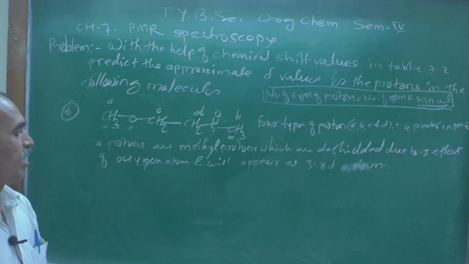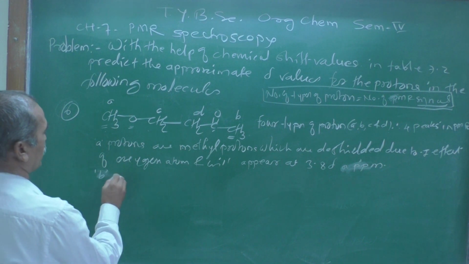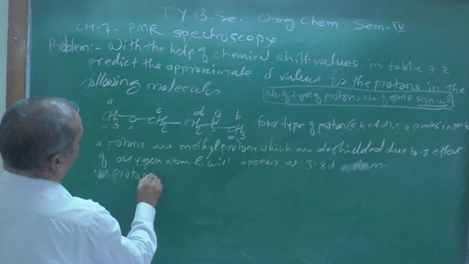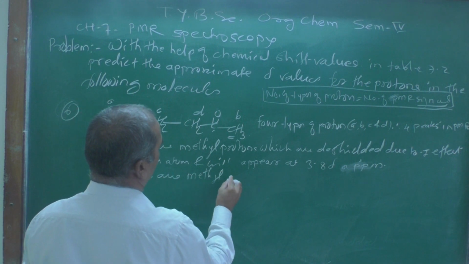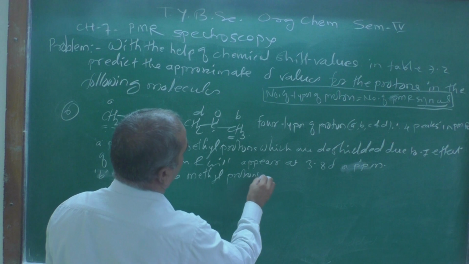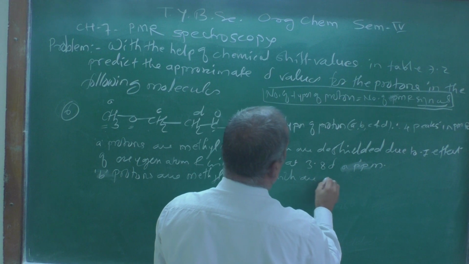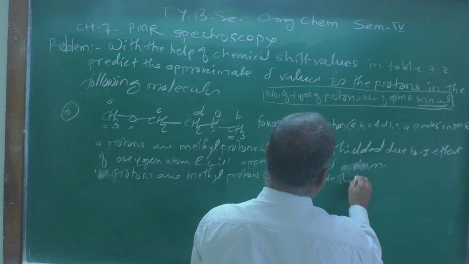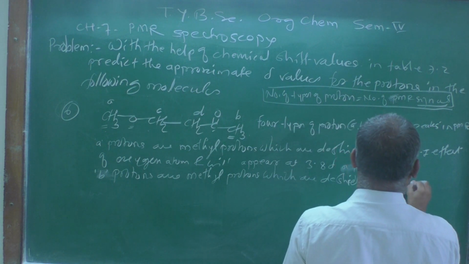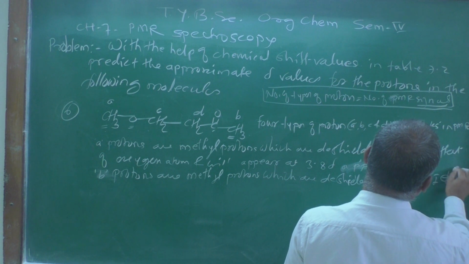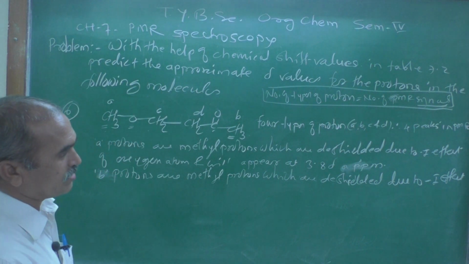Now look at this methyl group. Again A, again B protons are methyl protons which are deshielded, once again, due to minus I effect, but that effect is not so pronounced, not so effective.